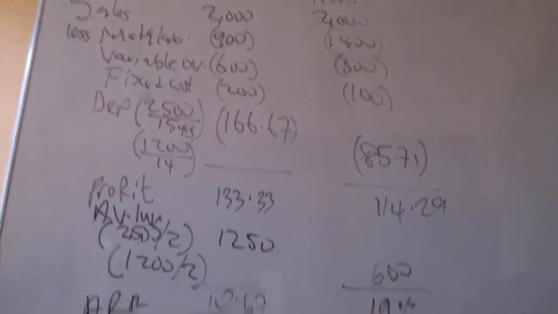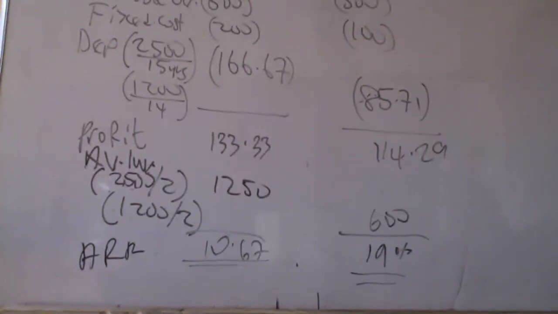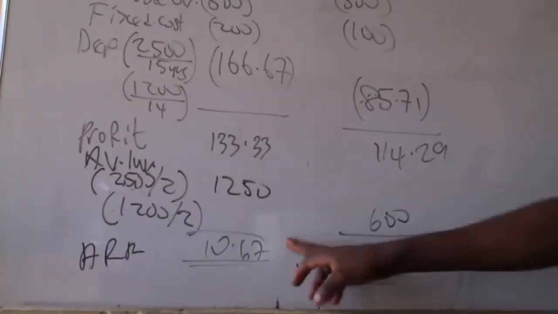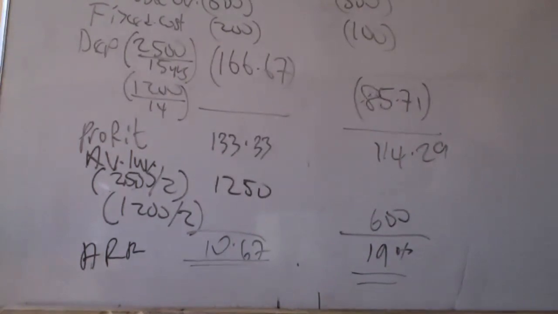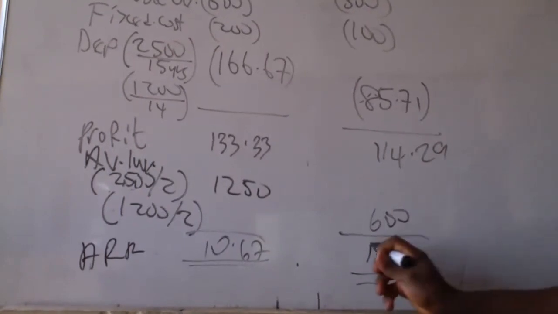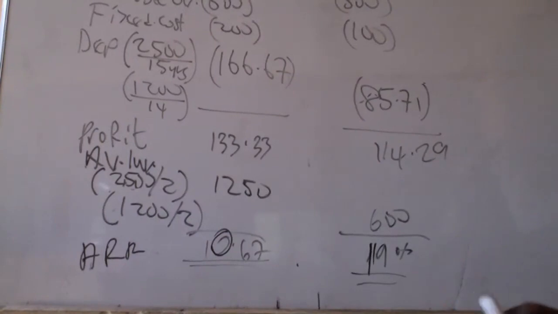With the accounting rate of return, what do you think will be the acceptance criteria of this project? Which of the plants will you recommend? Is it the first one or the second one? Semi-automated or the automated? It should be the semi because the accounting rate of return is higher than that of the automated.